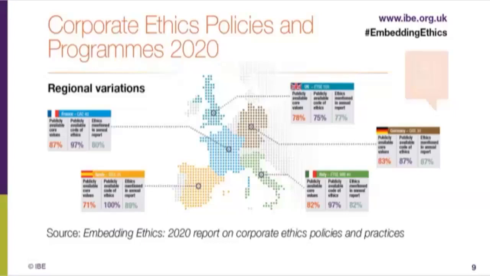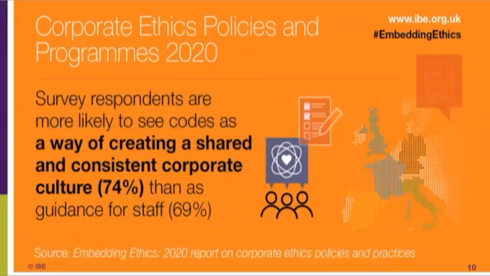But we've also seen an evolution in the nature of the code. In 1995, when we started, they were basically codes based on rules, codes of conduct with a list of rules for people to follow. With time going by, these documents have become much more based on values rather than rules.